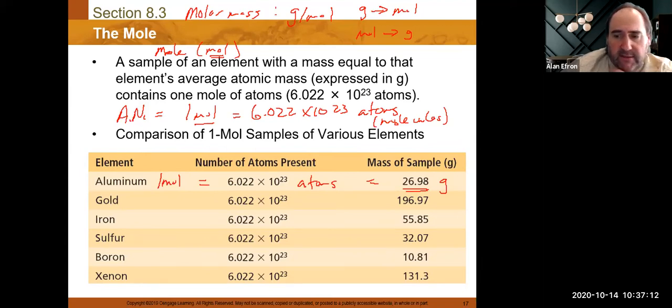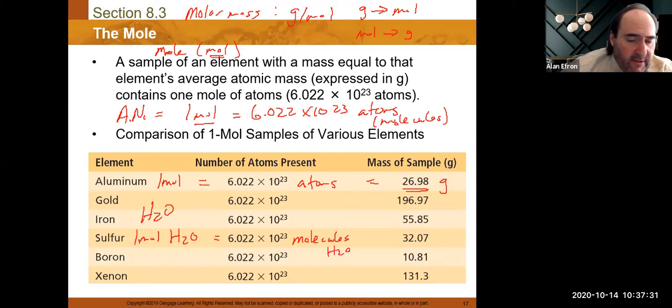I think we also talked about at the end that you could do it for substances as well. Something like water, for example. We could say in 1 mole of water, there would be 6.022 times 10 to 23. These would be molecules in the case of water.